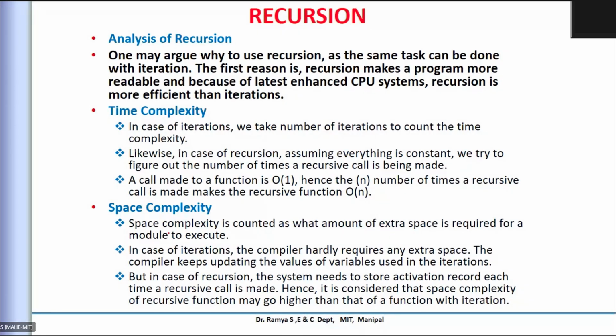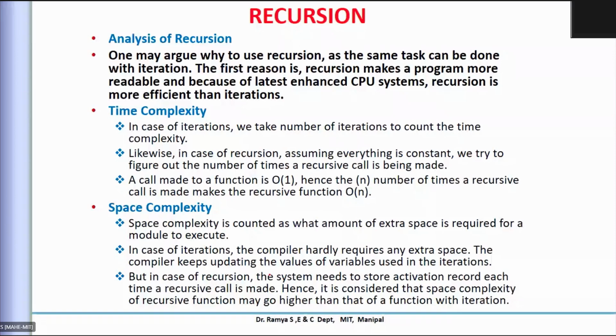Now coming to the space complexity: how much memory you're going to use, the amount of extra space required for a module to execute. In case of iteration, because you're calling one within another, the compiler hardly requires any extra space. The compiler keeps updating the value of the variable, something like a stack.